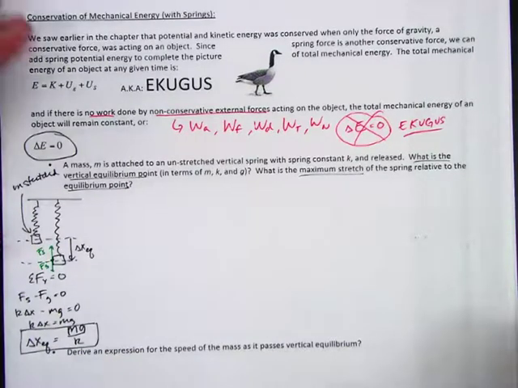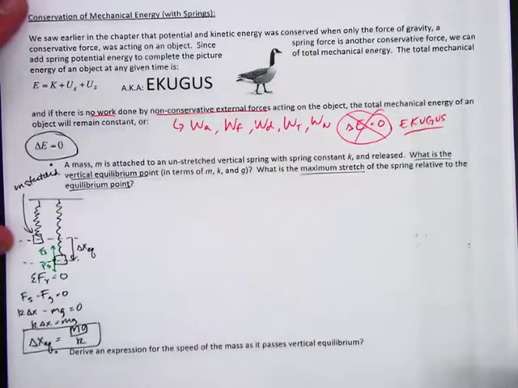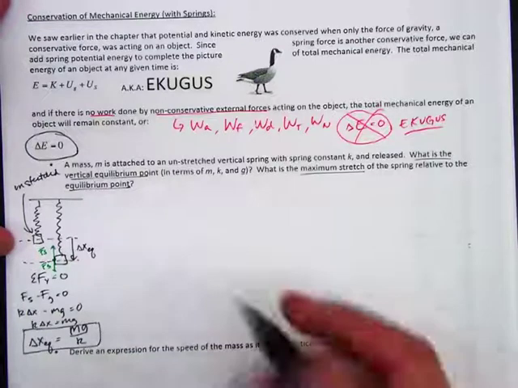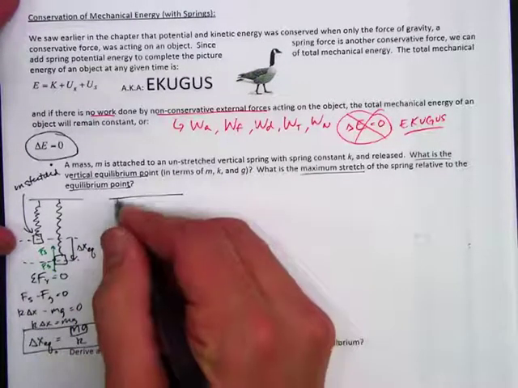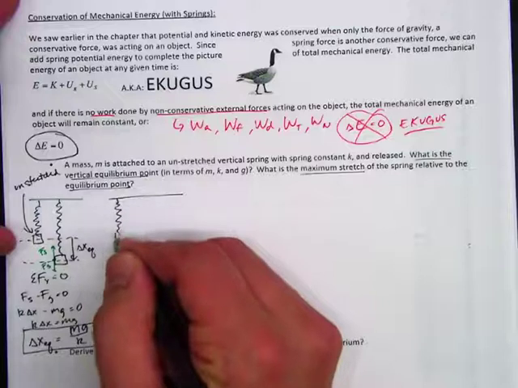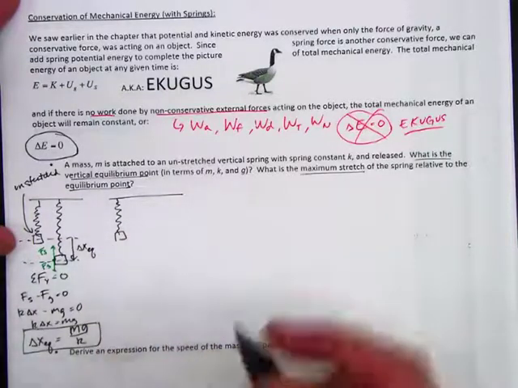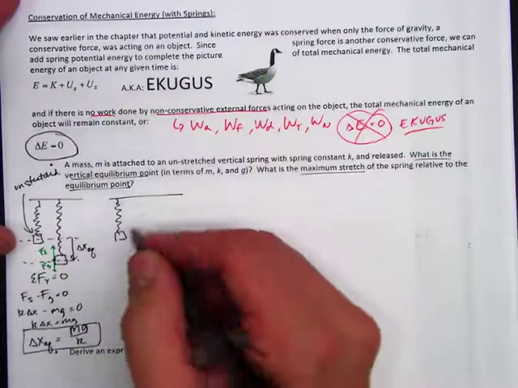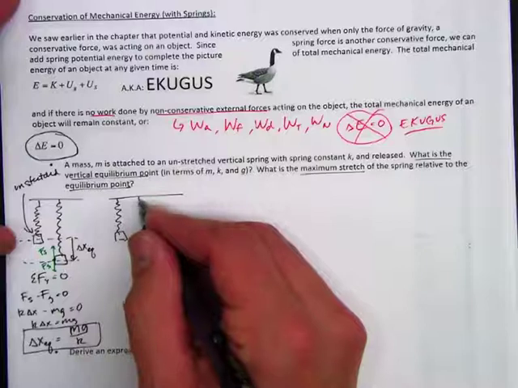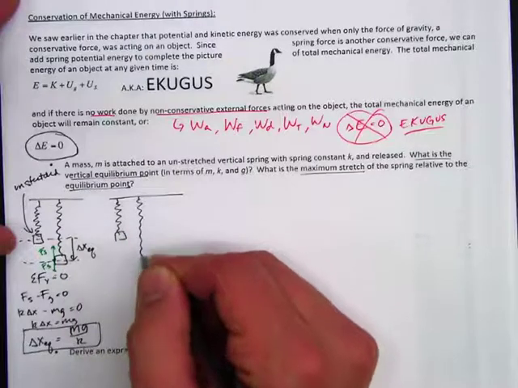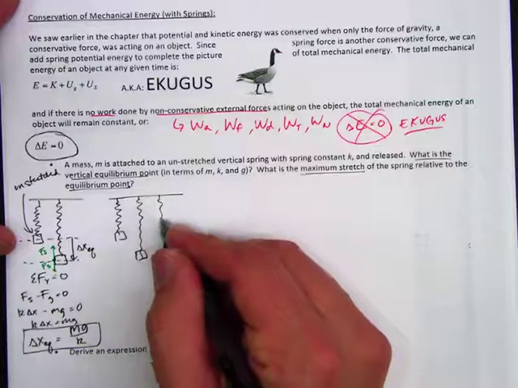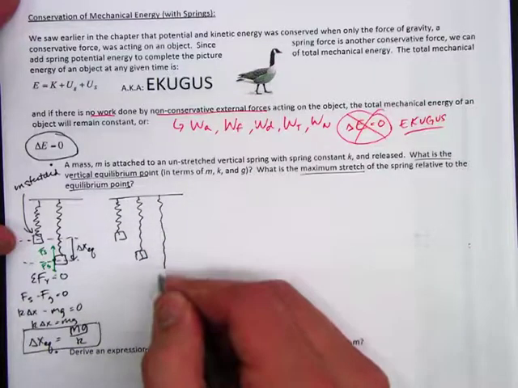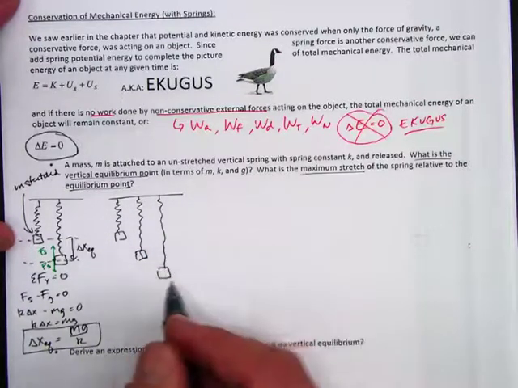Now, what if we look at the maximum stretch of the spring if we were to allow this mass to fall? So in this situation, you have the unstretched mass, and then you allow that mass to fall. And so what's going to happen is, and you saw this in your lab, it's going to fall through equilibrium, and it's going to stretch to some maximum length.